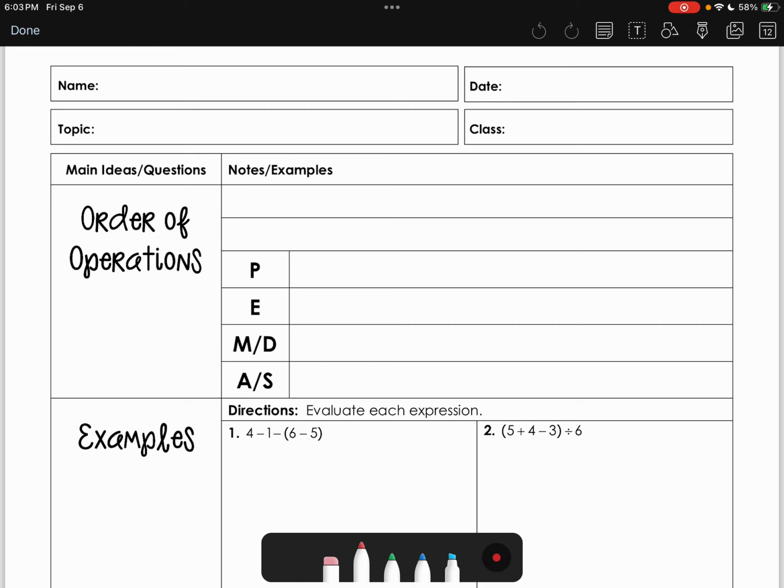On to our notes. Order of operations. So what are the order of operations? Let's review it.